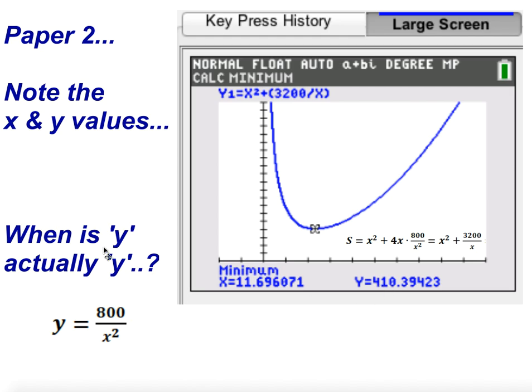My question to you is, when is y actually y? Well, there's kind of three things in play here. There's the x and y values representing the dimensions of the original structure, and then there's the GDC saying that this y value is actually the surface area. So be mindful of that, that y is not always y in the sense of you having to bring some reasoning to the setting.